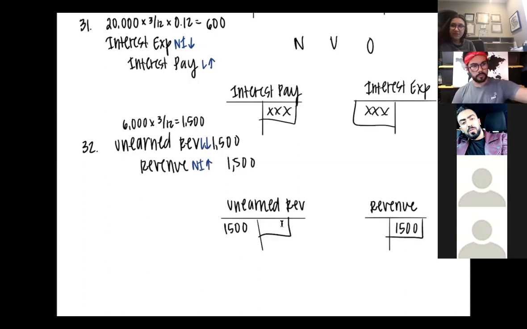What's the answer? Nothing for assets. We overstated our liabilities and understated our net income. Good job.